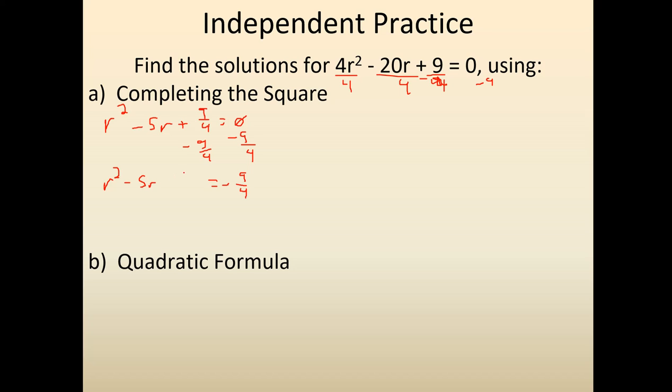Take half of the middle term, 5 halves, square it, and add it to both sides. When I factor this, it's just going to become r plus 5 halves squared.